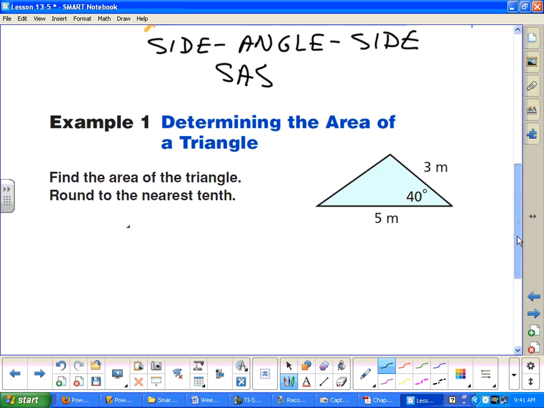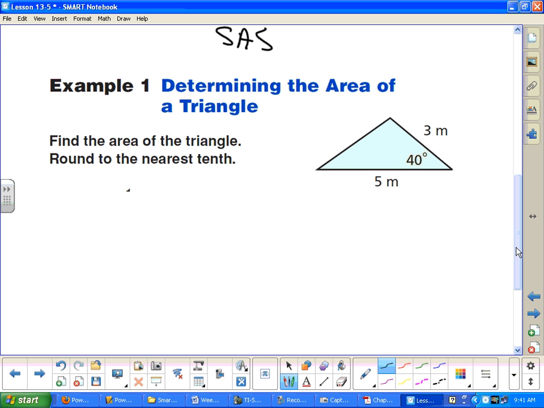So here we have this triangle that has a 5-meter side, a 3-meter side, and 40 degrees. If I was to draw the altitude in here, that would represent our height.